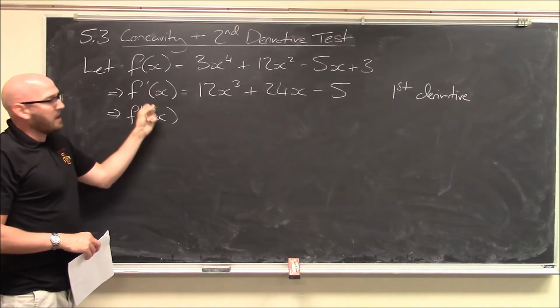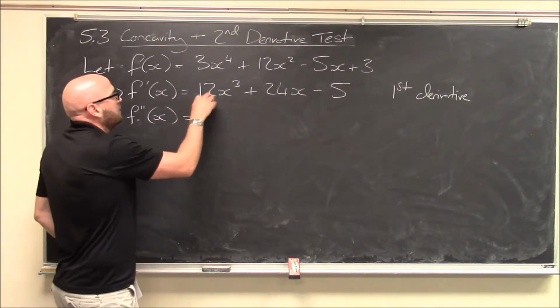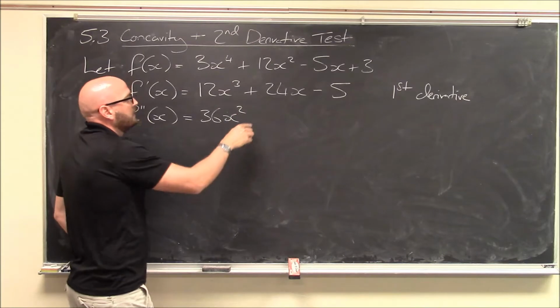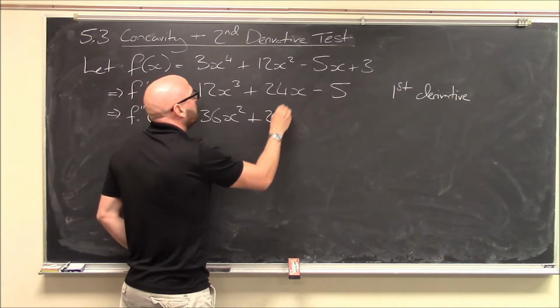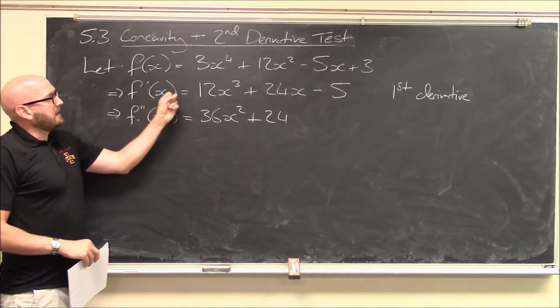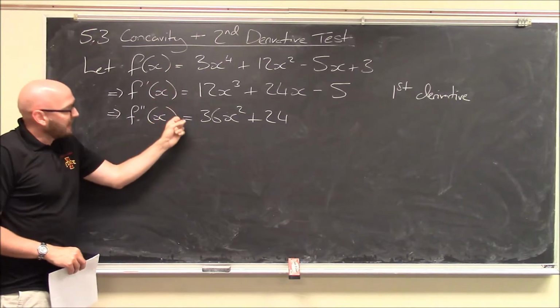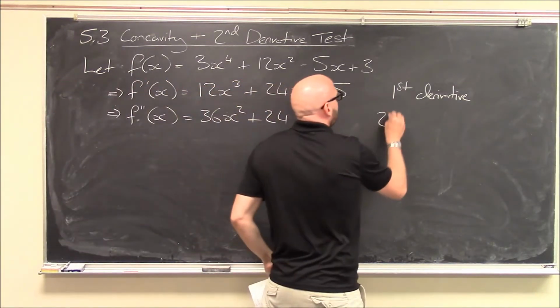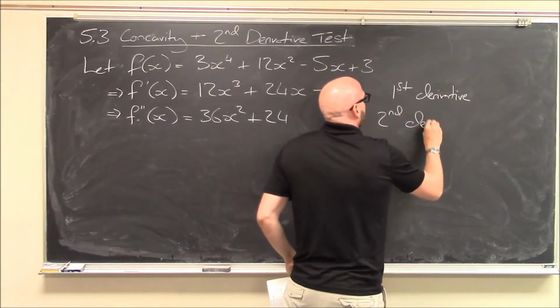So I differentiate f prime to get 12 times 3 is 36x squared plus 24 times 1, so 24, minus 0. So I differentiate f to get the first derivative of f prime, but if I differentiate that again, then I get the second derivative of f double prime. So here's the second derivative.